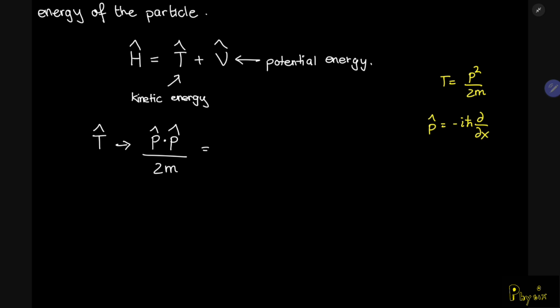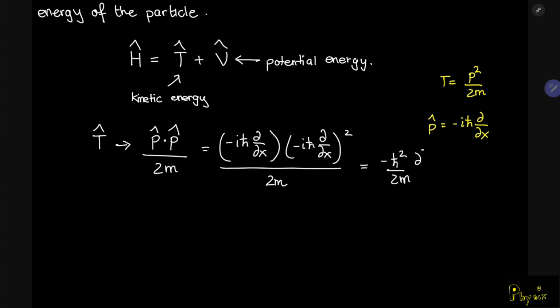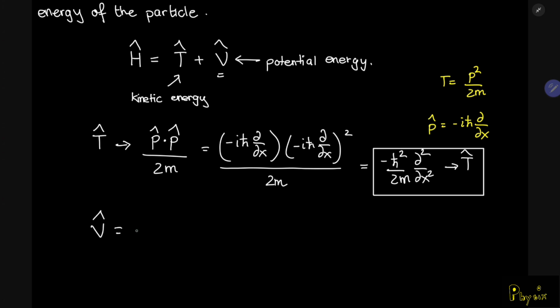So that tells us that T hat is basically... And in general, the potential energy of any particle is just a function of position. It's generally not a function of time, and we disregard those examples when studying intro to quantum mechanics. So this is a function of position.